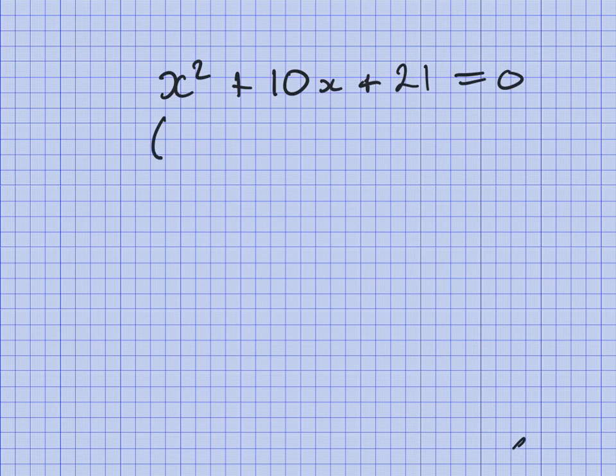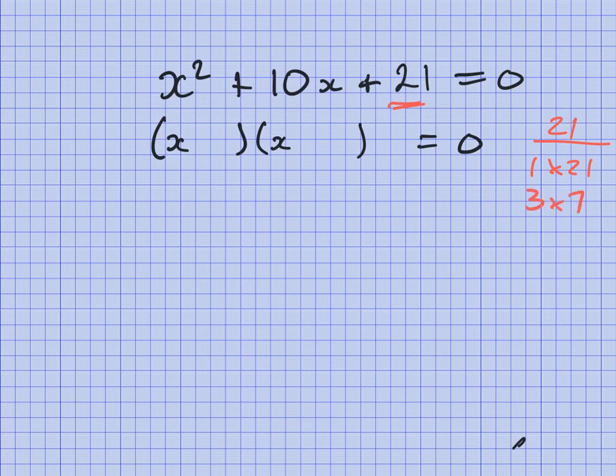Well, I know I need to put it into brackets first. Factorising is the quickest way of solving a quadratic equation, and this one will factorise. I know that I need x in both brackets. I have to make 21 by timesing. So I'm just going to write that down here. Could be 1 times 21. Seems unlikely. That makes 22 if we add.